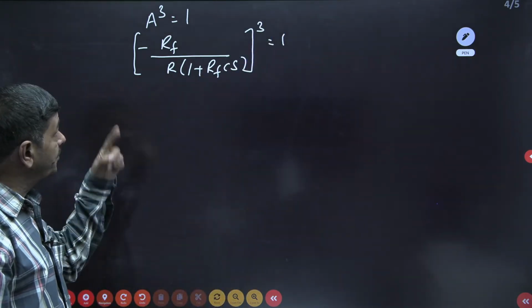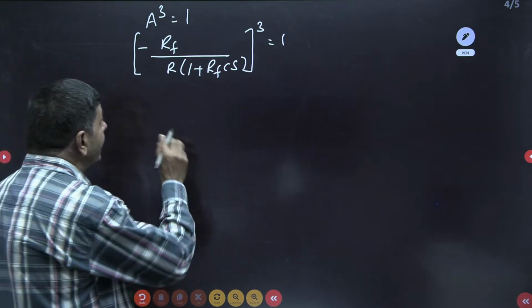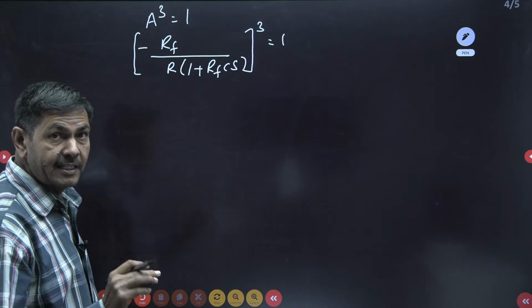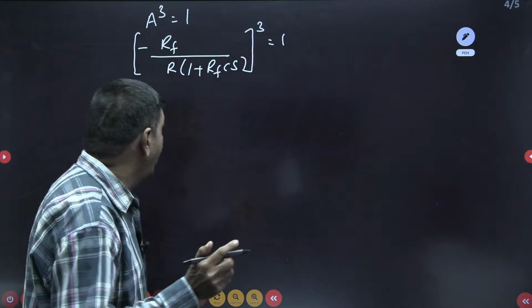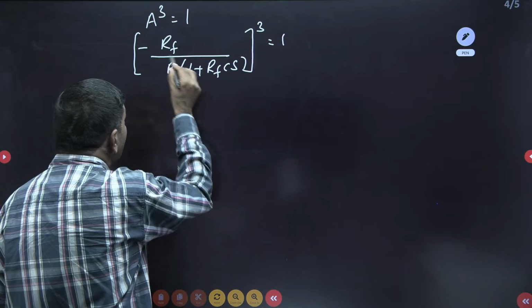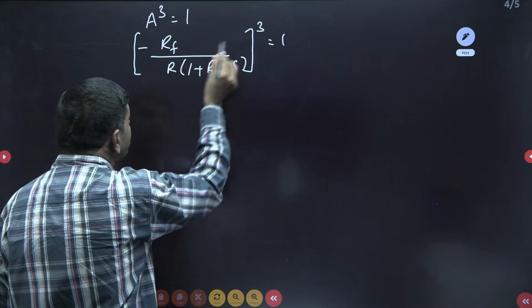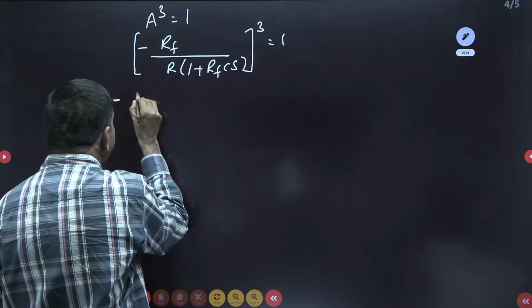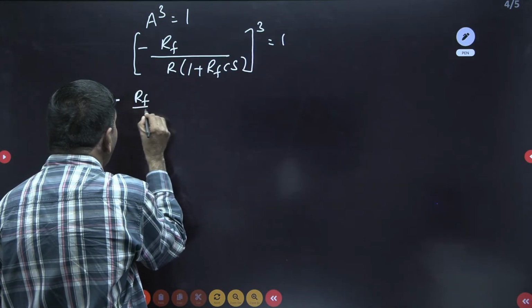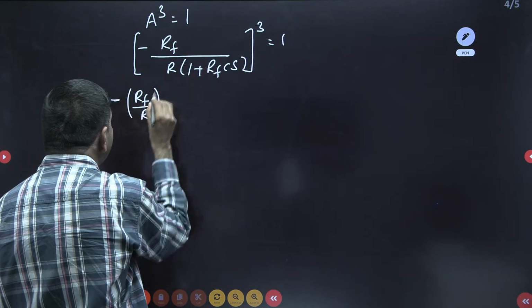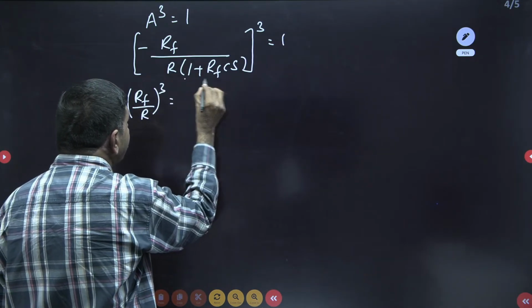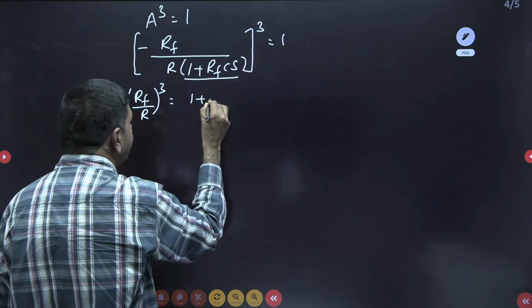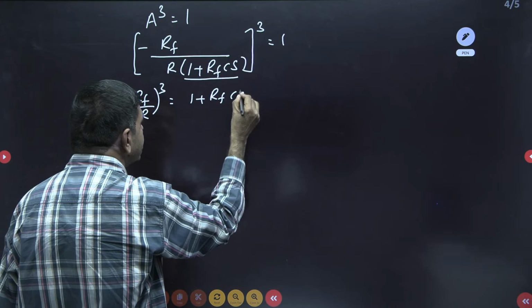Please watch once again. I want to get the equation with real and imaginary parts only. Minus 1 cube is minus only, so minus RF by R whole cube, and I cross multiplied 1 into this with power 3: 1 plus RF Cs whole cube.